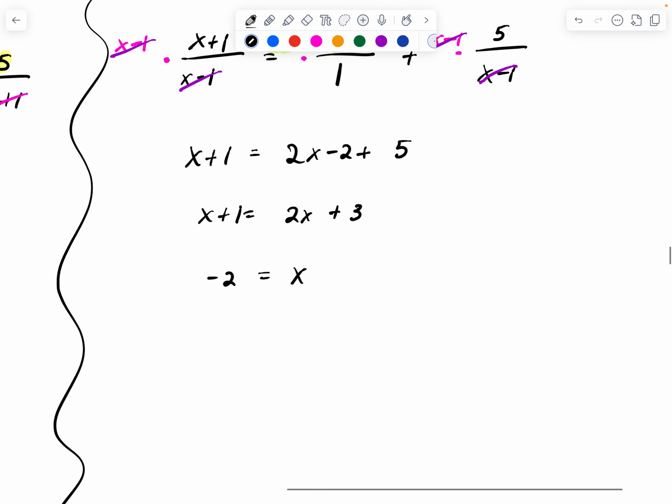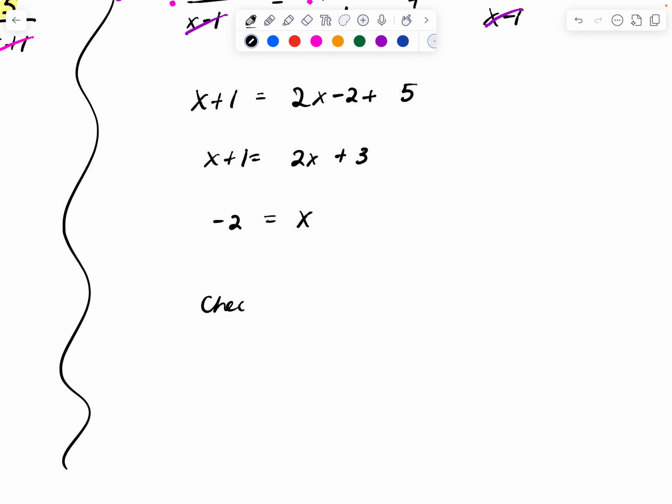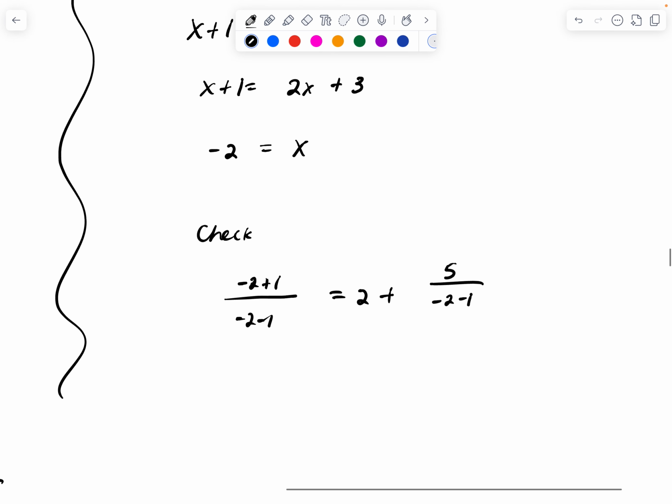All right, don't forget to check. I'm going to check by plugging into the original, which was negative 2 plus 1 over negative 2 minus 1 equals 2 plus 5 over negative 2 minus 1. So if I look at my denominators, negative 2 minus 1 does not make 0, so this is good.